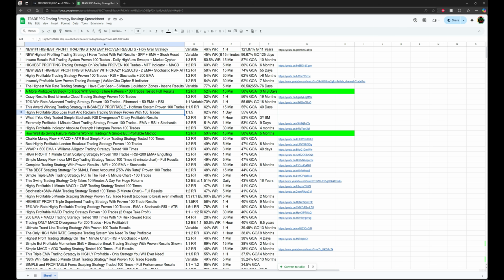As we saw in my other test, also done really recently, that's actually number 2, this one right here. Number 2 on the strategy rankings spreadsheet was swing failure patterns, EMA, stochastic resets. The difference there was not only did I include the stochastic reset, but I also had that variable stop loss with the break even stop loss.